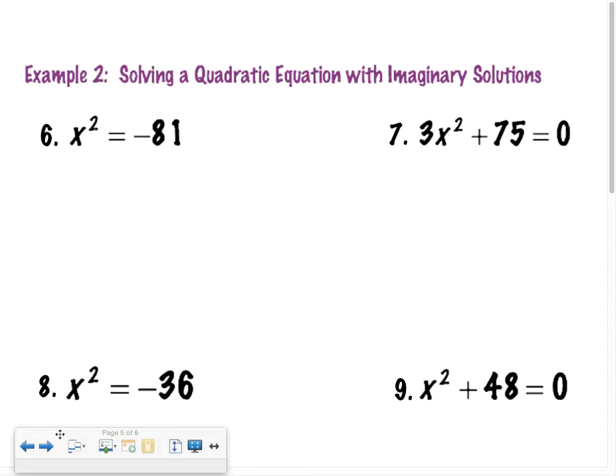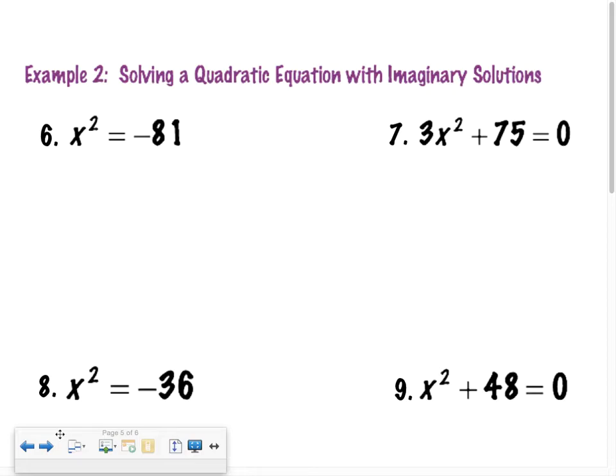When you saw a problem like this before, you would end up coming to the conclusion that there was no solution. But the real answer was that there were no real solutions. There is, however, an imaginary solution, a way that you can express the solution using imaginary numbers, specifically the imaginary number i.